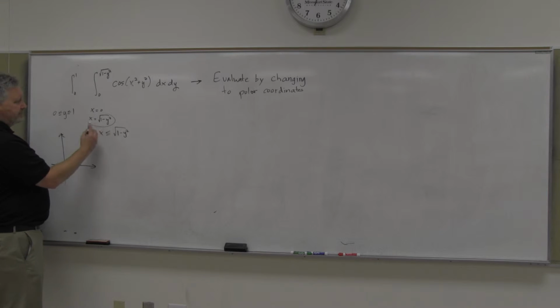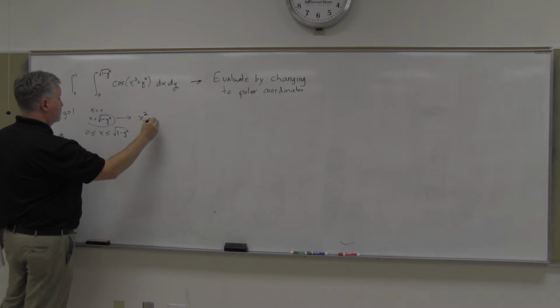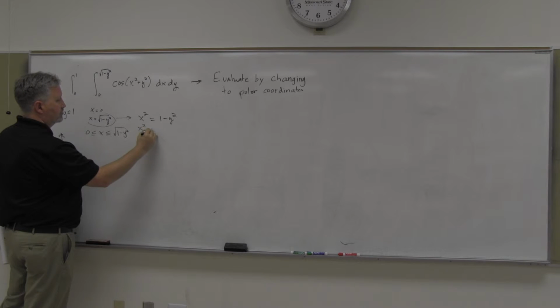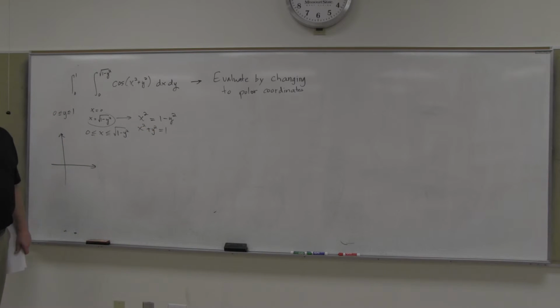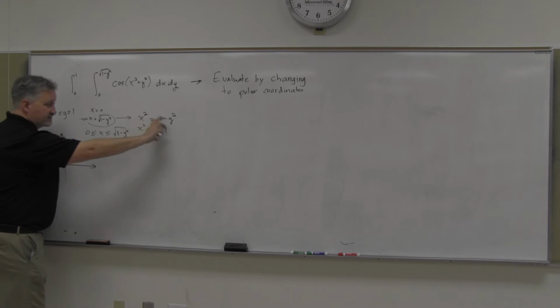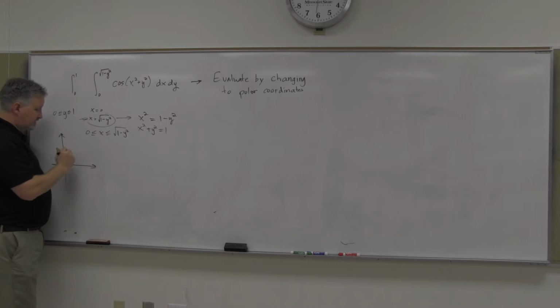Well, again, it might be helpful if I square both sides and move that y squared over. We're talking a semicircle, but in this form, that's a full circle. This is just half of the circle. Which half? It's when x equals the positive square root of 1 minus y squared.